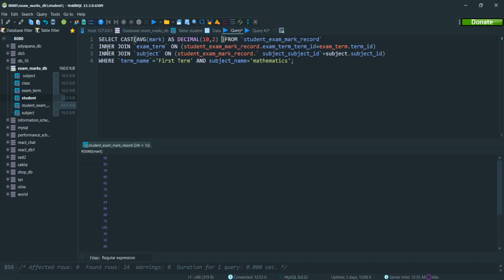Here also we have used 2 inner joins. We have used cast along with decimal to round off the mark to the nearest second decimal place. So here you can see it has been rounded off to the second decimal place.